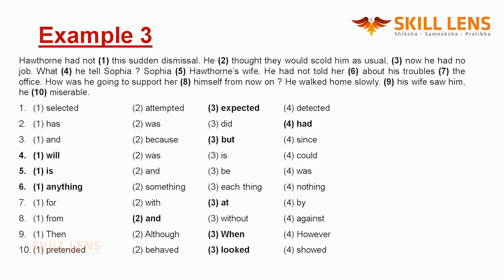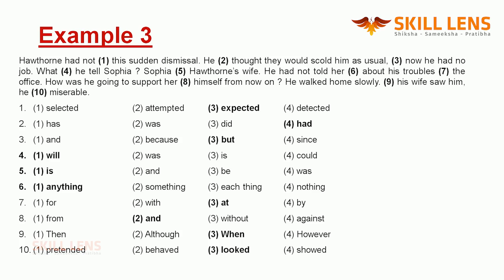Hawthorne had not expected this sudden dismissal. Okay, right? So here you need to use a verb in the past form, because the paragraph begins with "Hawthorne had." Had is a word that talks about the past. So, Hawthorne had not expected this sudden dismissal.